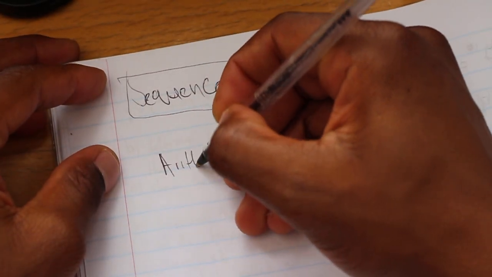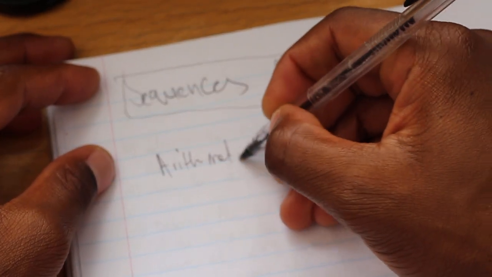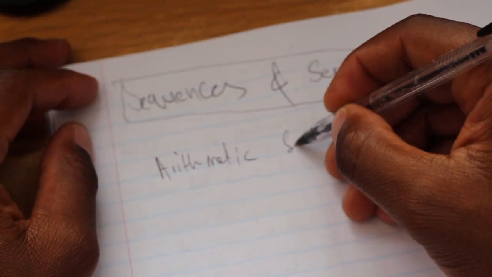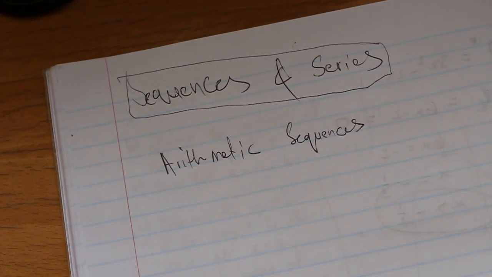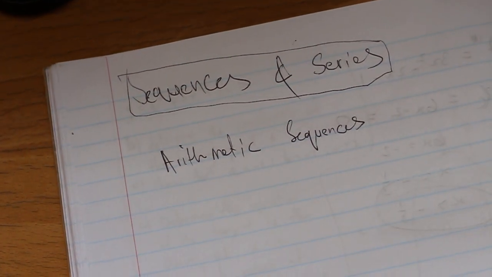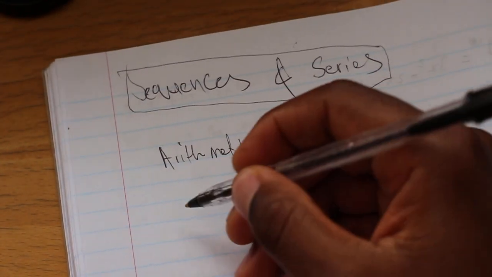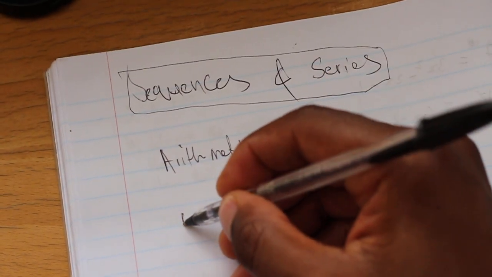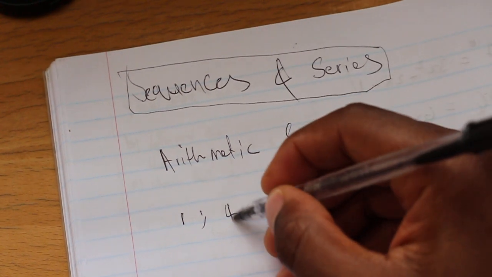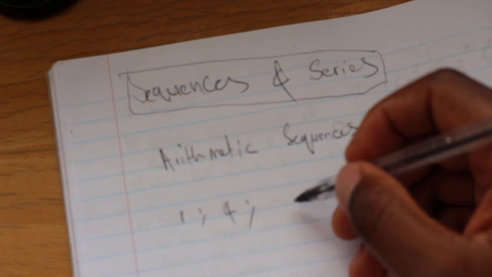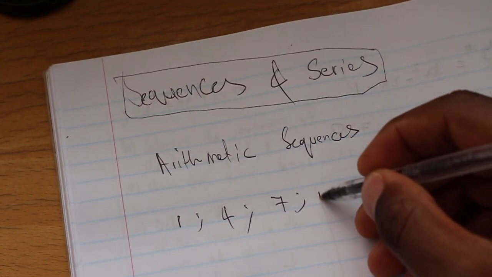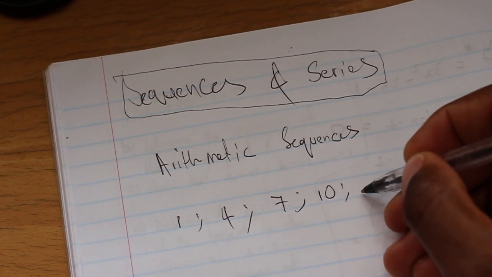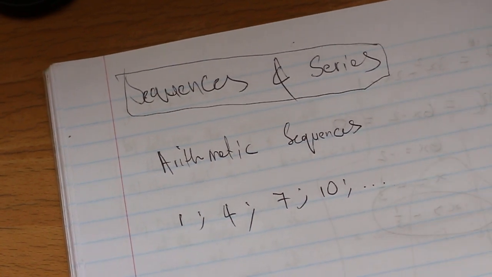Just a quick introduction: let's suppose that we're given the sequence 1, 4, 7, 10, and then it keeps on going on and on like that.